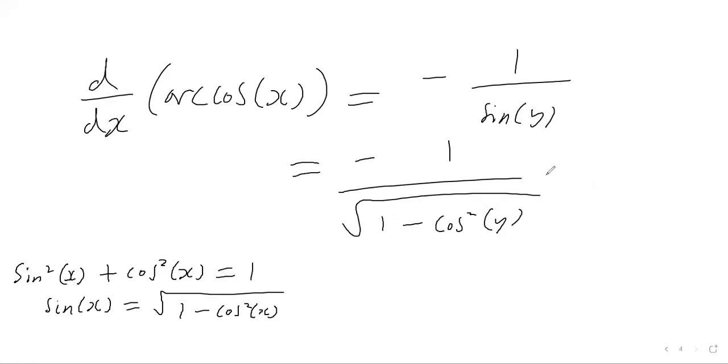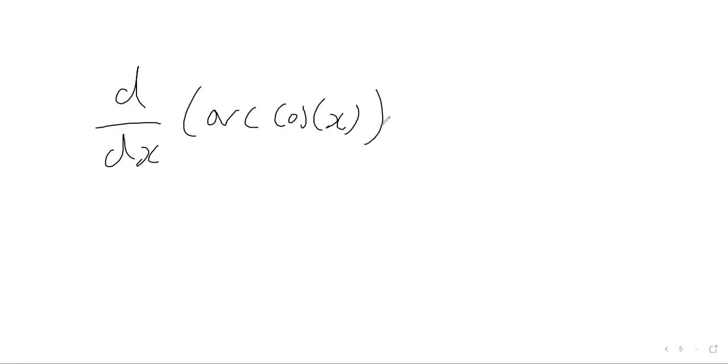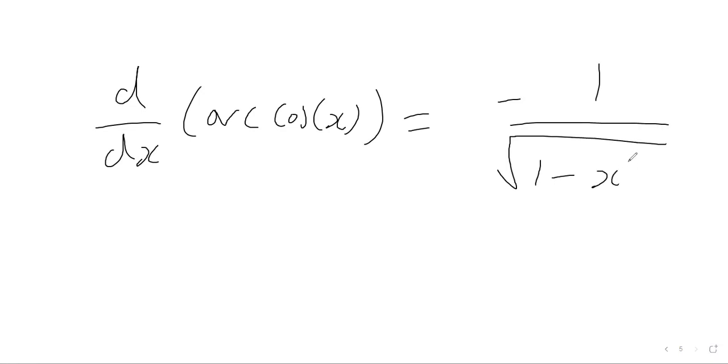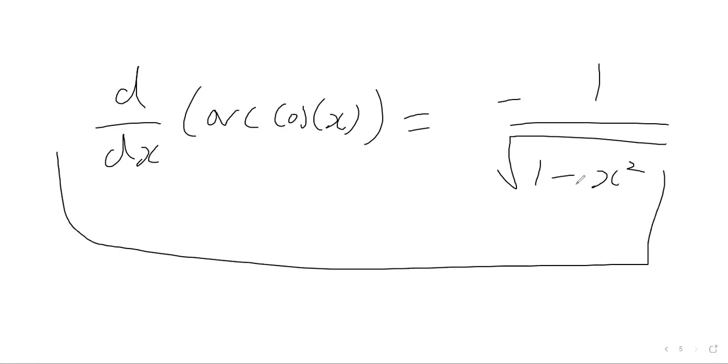So this is just -1 over the square root of 1 minus x squared. In conclusion, when we differentiate arccos of x with respect to x, we get -1 over the square root of 1 minus x squared. And that is the final result.